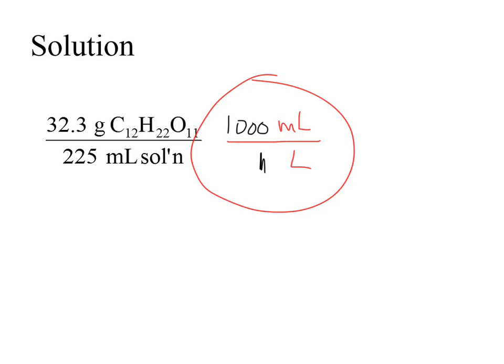So that's a very common problem. But if I do that, I guess more specifically I should put milliliters of solution, shouldn't I? And if I do that, you notice my milliliters of solution cancel, and I'm left with the units I need to be left with. That's my question. And that's done.